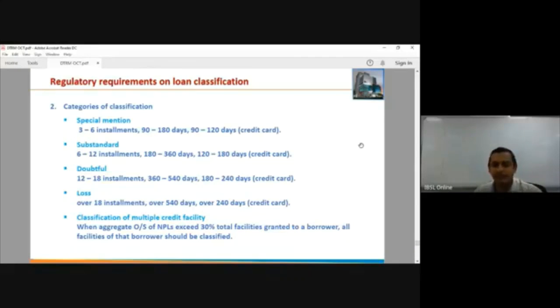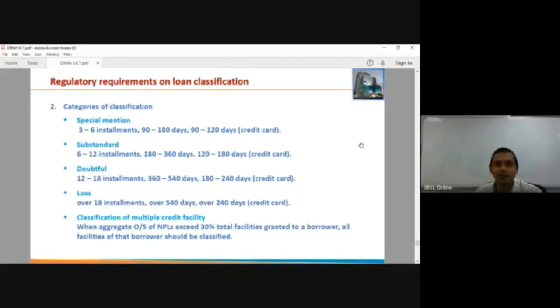So stage 2 is an in-between category where a bank needs to compute a probability of default and LGD, loss given default. And depending on the PD and LGD, probability of default and loss given default, you may put that loan into stage 3, stage 1, or stage 2.